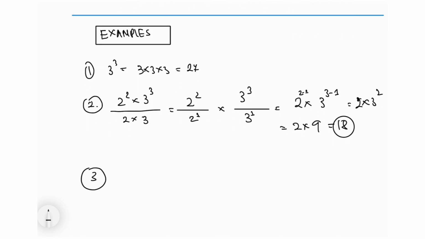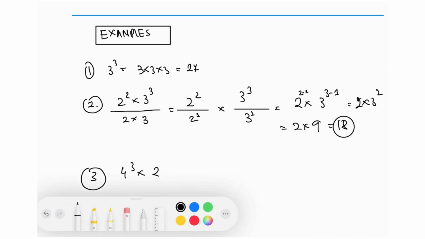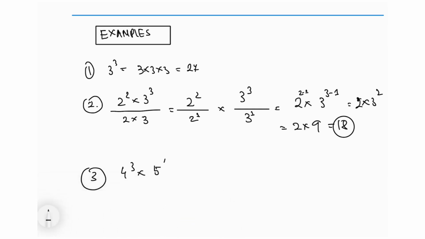Question number 3. 4 to the power 3 times 2, sorry, times 5 to the power 4 over 4 to the power 4 times 2 times 5 squared.